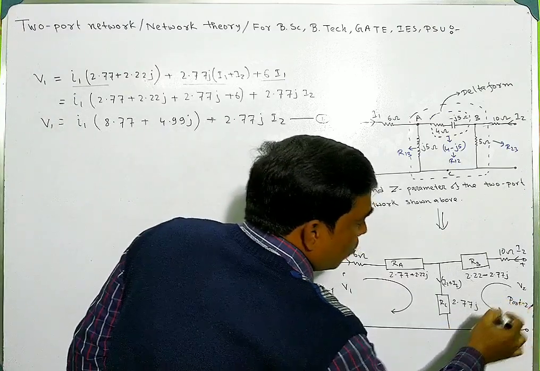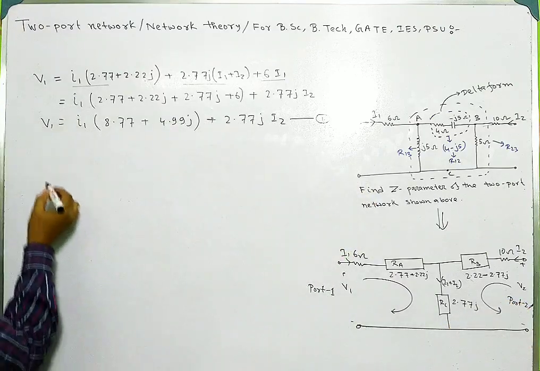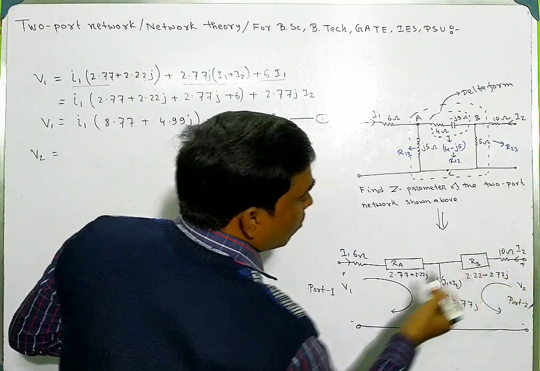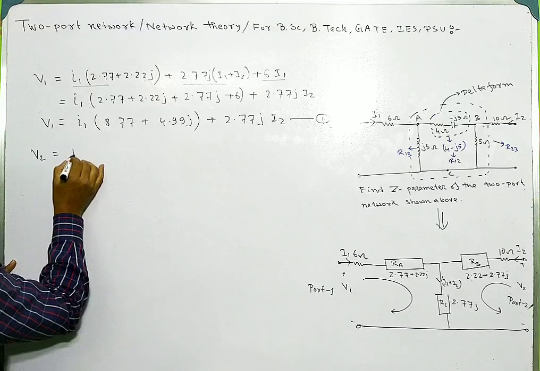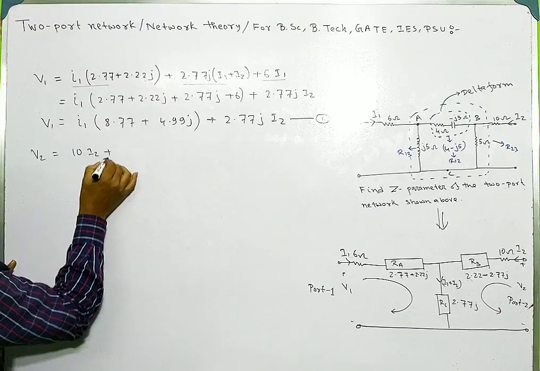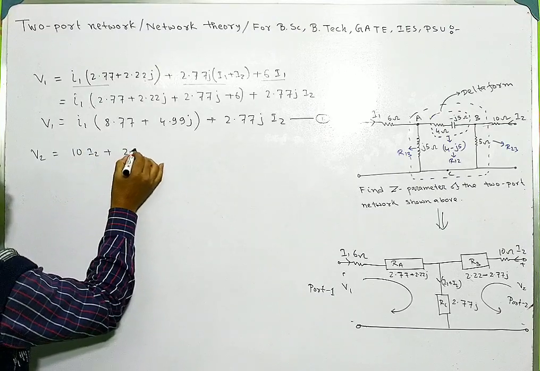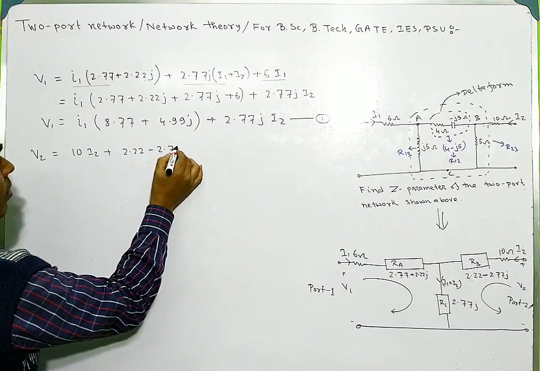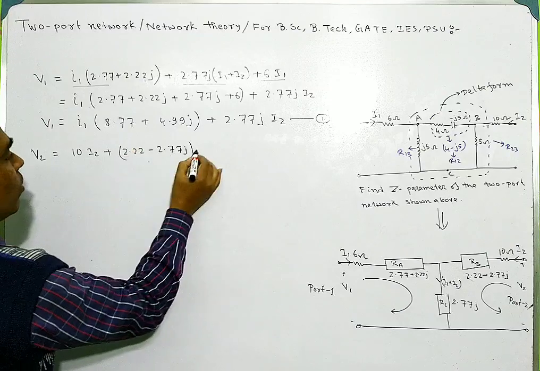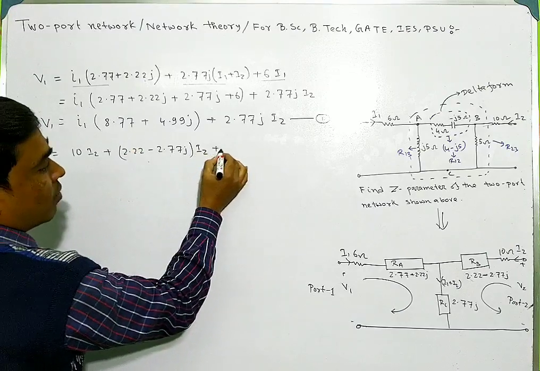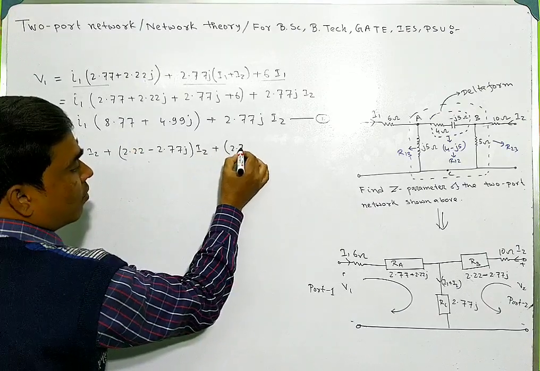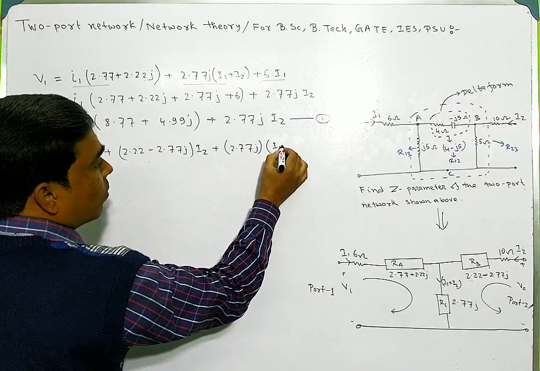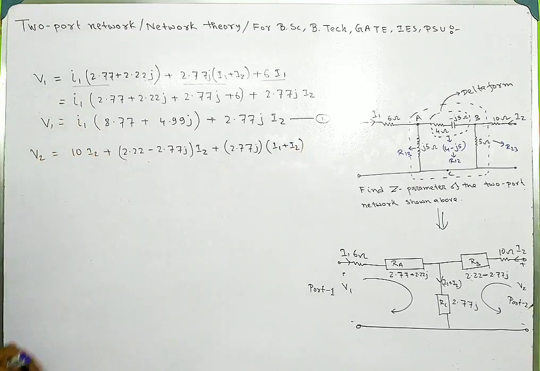Now using this loop port 2, we can write that V2 is given by, this is 10 ohm, so 10 into I2 plus 2.22 minus 2.77J into I2 plus 2.77J into I1 plus I2.